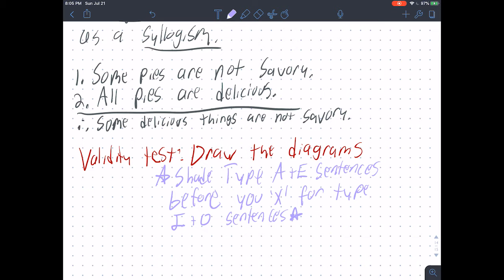If you don't do that, you will get the wrong answer sometimes. It's important to keep that in mind, but that's the only restriction to keep in mind.